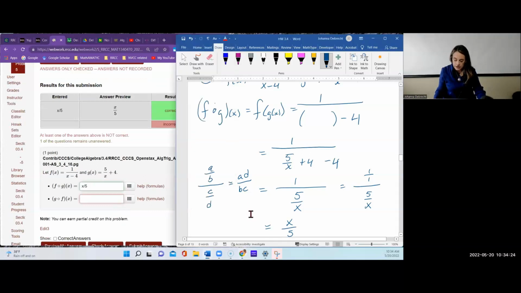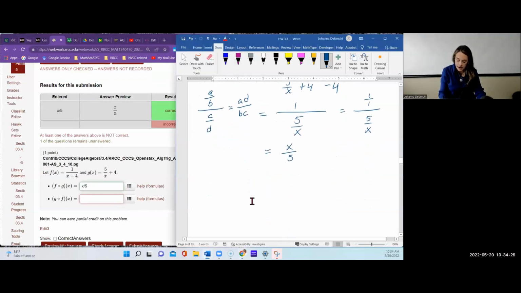Now let's look at g circle f of x. Again, of x means use x for the variable, not multiplication. This is g of f of x.